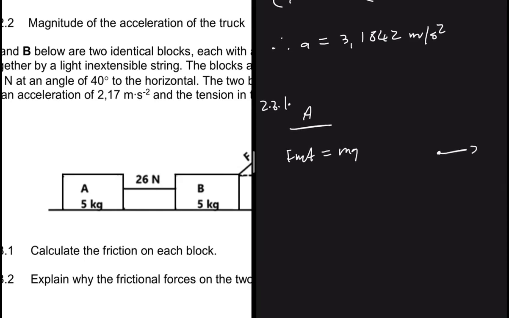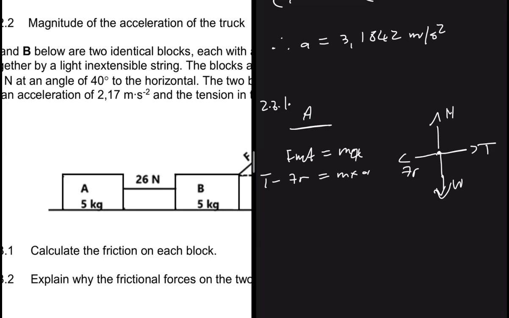We have the tension, which is pulling it to the right, and then we have the frictional force, which is opposing, the normal, and the weight, which we're not interested in, but they are acting on our object. So we're going to have the tension minus the frictional force being equal to the mass multiplied by the acceleration. The force that is pulling the object minus all the forces that are opposing is equal to ma.